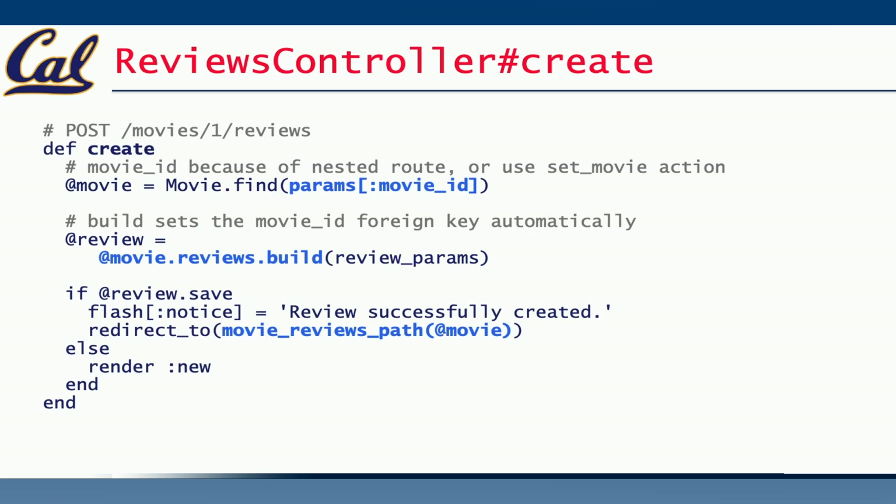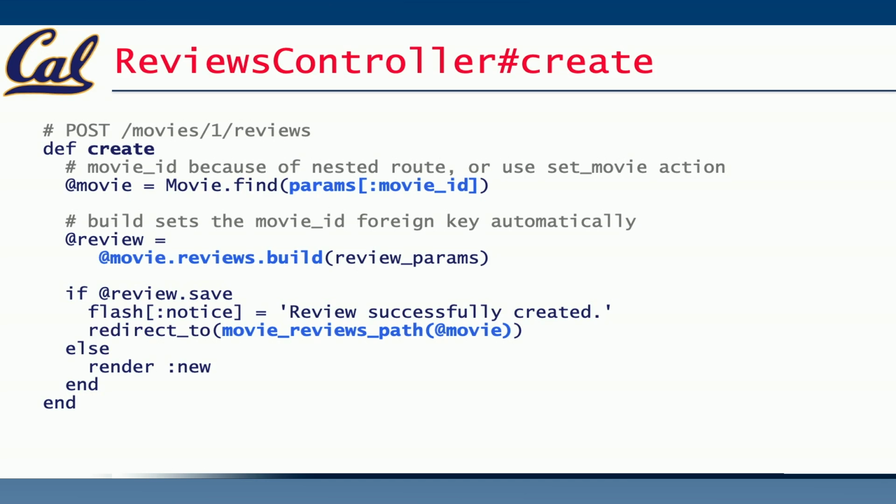So what does that look like now when we write our reviews controller? Well, with associations, there are multiple ways to write these controllers. But if we're thinking about a post or create action, if we use rails generate and we get nested routes, what's actually going to happen is the route for creating a review is going to be movies/1, or whatever the movie ID is, /reviews.